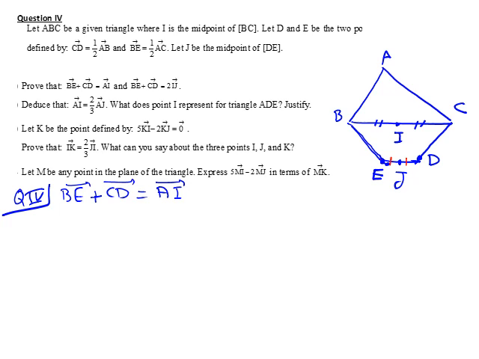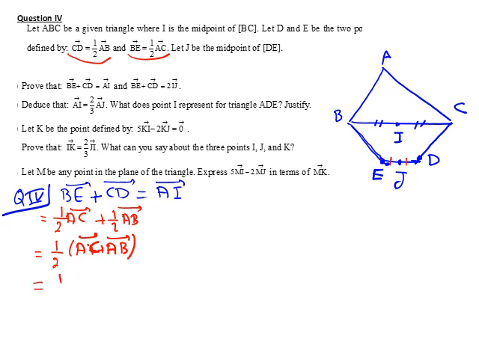First, BE is equal to half AC, from the given. CD is equal to half AB. So take a common half: half of AC plus AB.